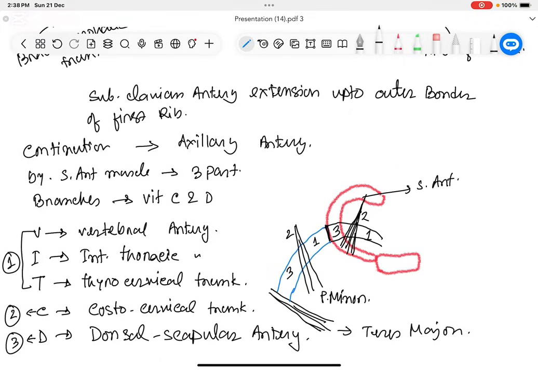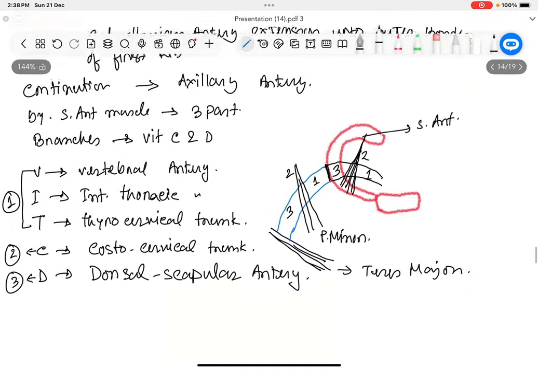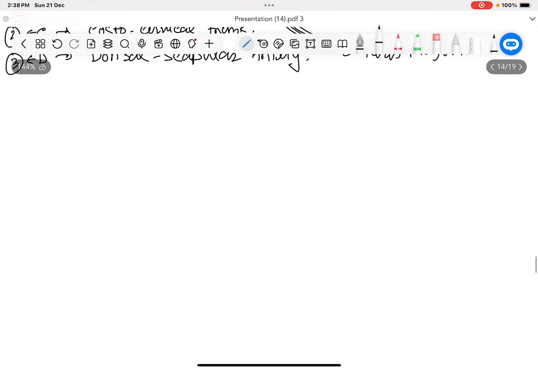Now let's start to discuss the axillary artery branches. As we said, the axillary artery is divided into three parts by the help of a muscle: first part, second part and third part.